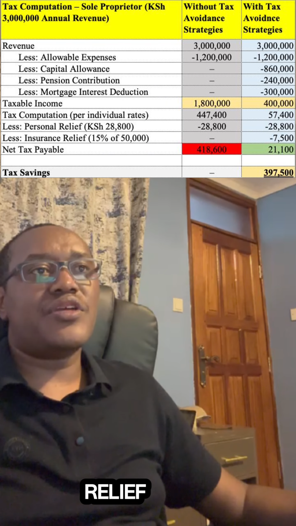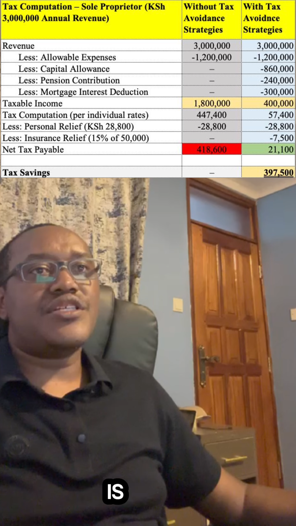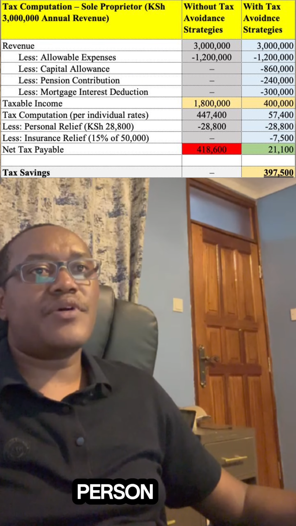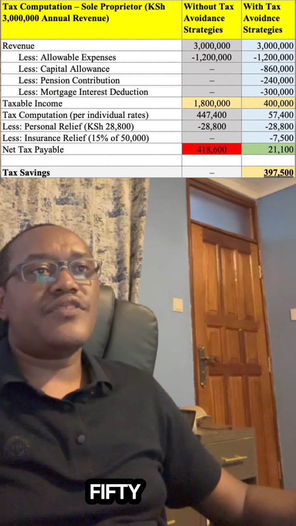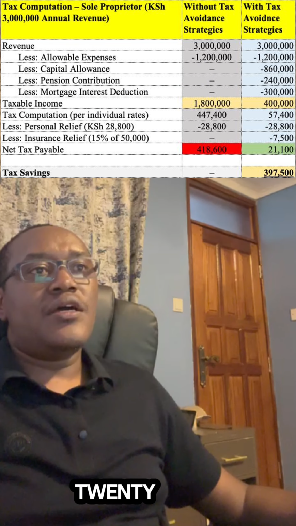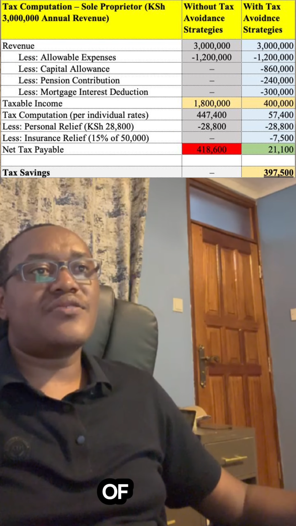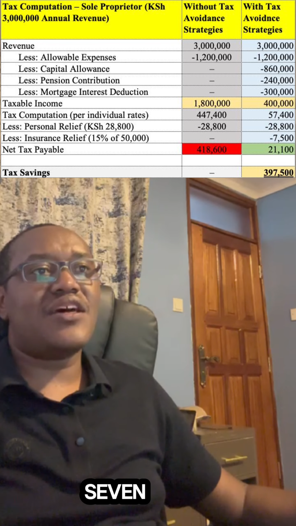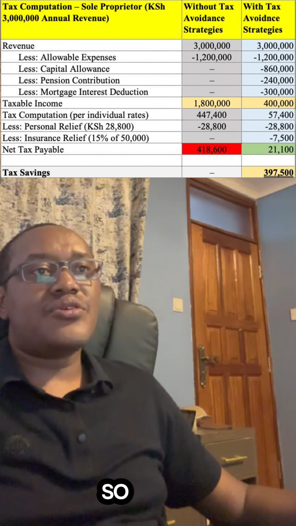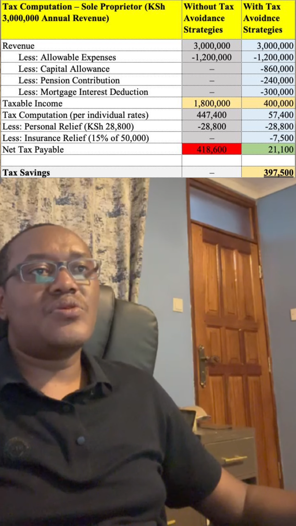Then he less personal relief of 28,800 per annum. Then if you less insurance relief, we assume that this person paid insurance relief of 50,000, so we'll end up with 21,100. So you'll find that the difference in tax payable between the two strategies, the tax saving, is 397,500. So this sole proprietor or business person will be able to save this amount.